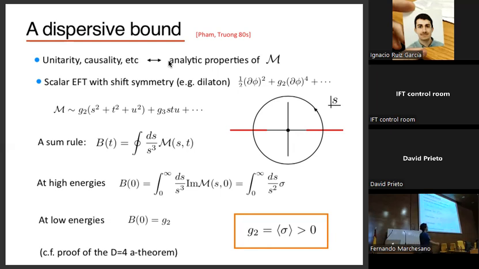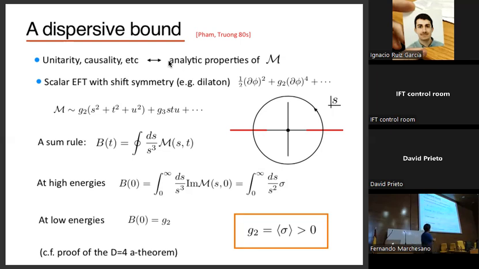Then by deforming the contour, we can calculate it by a little arc around the origin, which is computed in the derivative effective field theory expansion, and then some integral along the cut. This is the high energy part, an integral of the imaginary part of the amplitude, which one can relate to the cross section in the forward limit when t goes to 0. And at low energies, this will just pick up some Wilson coefficient in the EFT expansion of the amplitude.